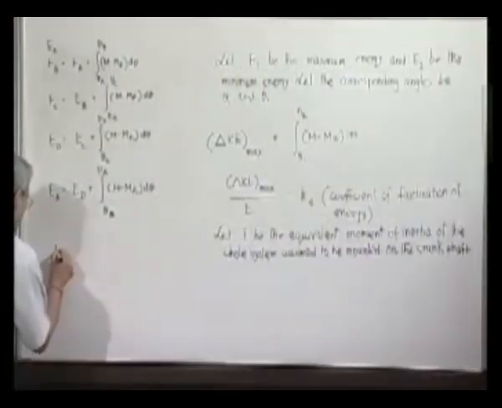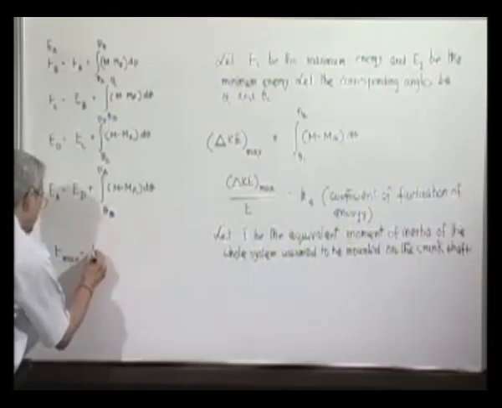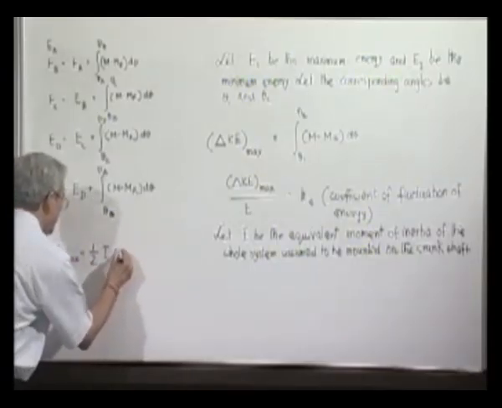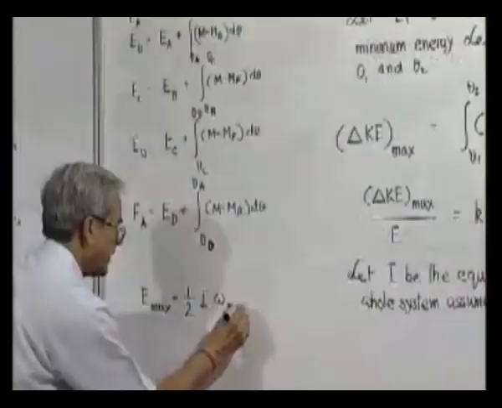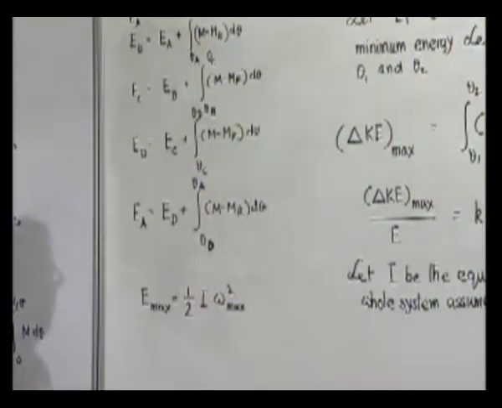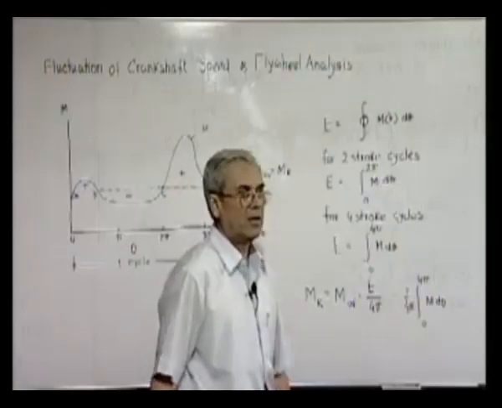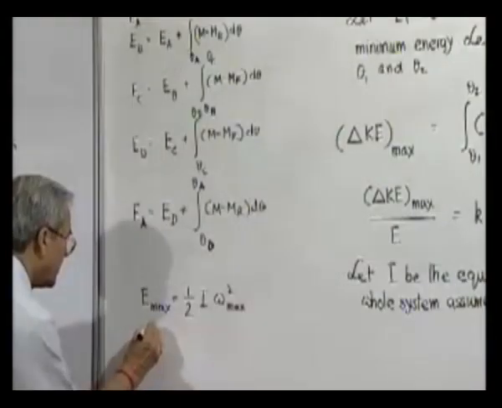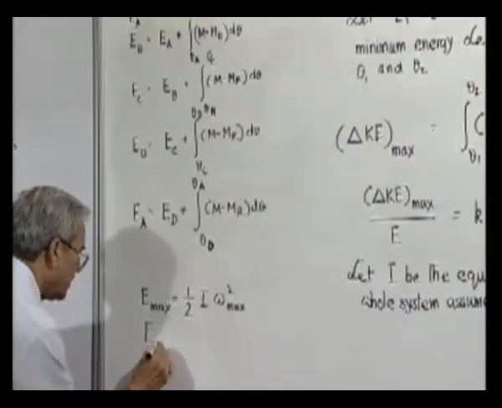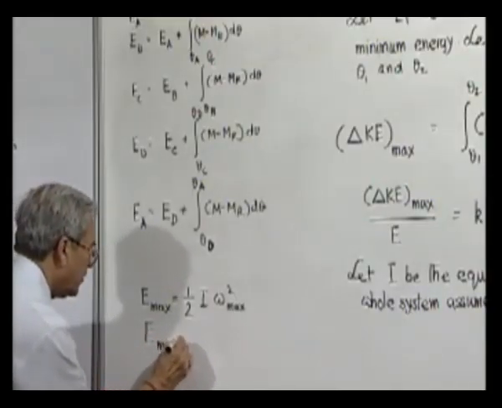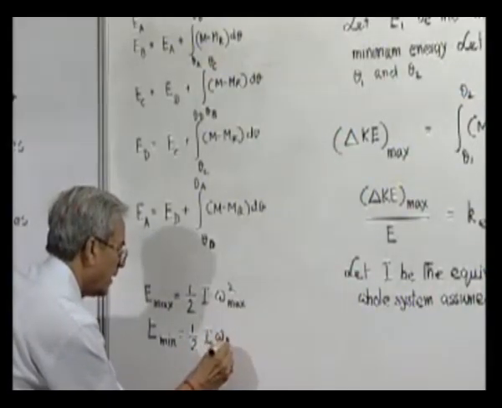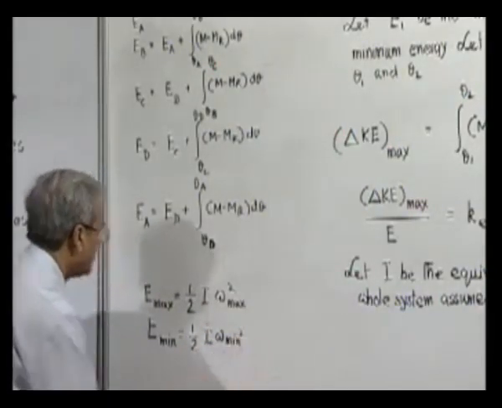So, E max is nothing but the maximum kinetic energy of the whole system, that is half I omega max square, where omega max is the maximum speed of the crankshaft. Similarly, E min will be half I omega min square.